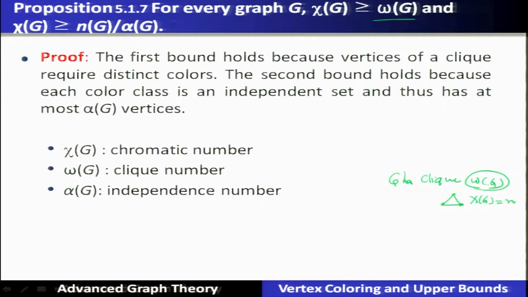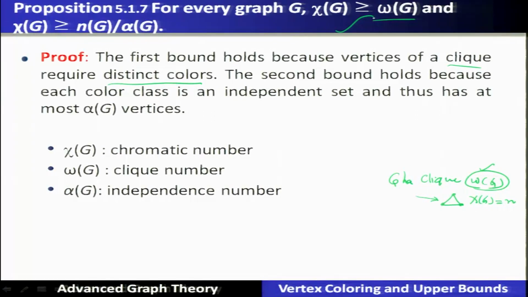You cannot obtain a proper coloring with fewer colors than the number of vertices of that clique. Hence the coloring should use at least the size of that clique, and this bound is proved.